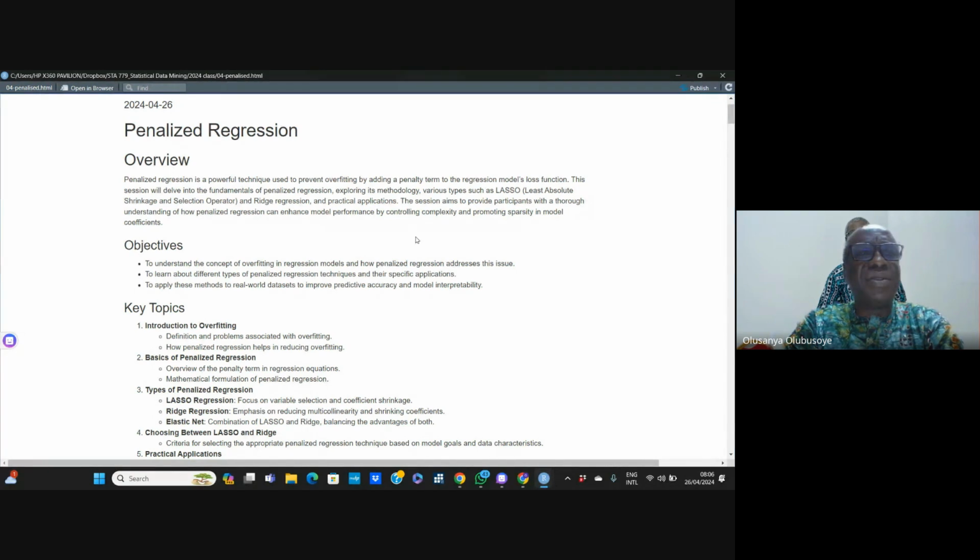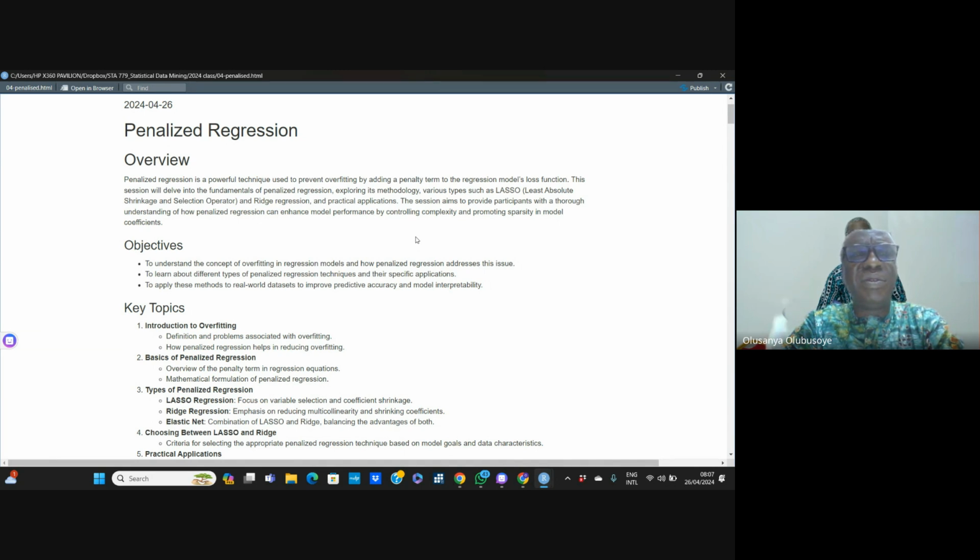So we know about regression, linear regression, and so on. And what we know about linear regression is that in estimating the parameters of the model, we use the criterion which minimizes the sum of squares of the residuals.